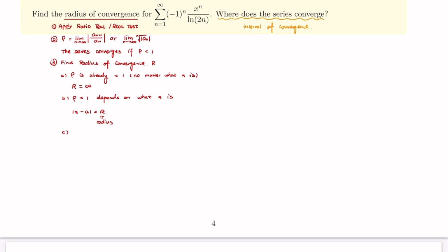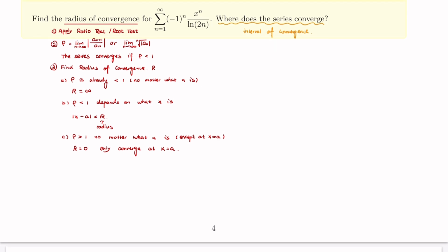And option C is where rho is always greater than 1, no matter what x is, except at x equals a, which is your center. That means you diverge everywhere except at the center. So your radius equals 0, because you only converge at x equals a. That's the radius of convergence, and this is a brief review of what I said before.